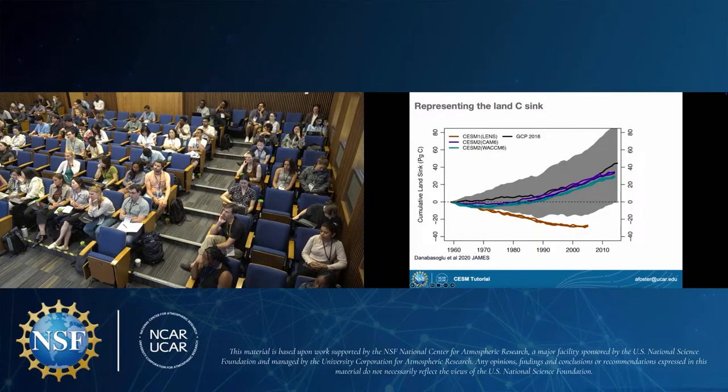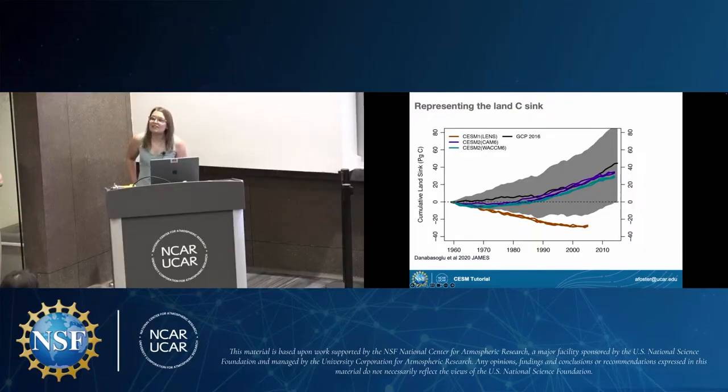Yeah, I guess I agree with Will. I don't think that getting just more grid cells is going to help resolve this uncertainty. I think it's the process uncertainty that we need to resolve. And when people think about high resolution, we think about high spatial resolution, but you could also think about high resolution in terms of plant functional types. So you could say, well, maybe we need more than 16 PFTs, right?